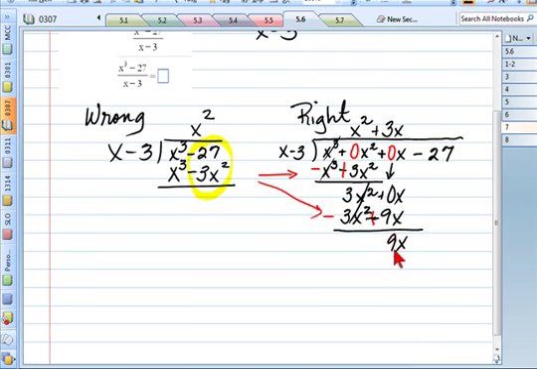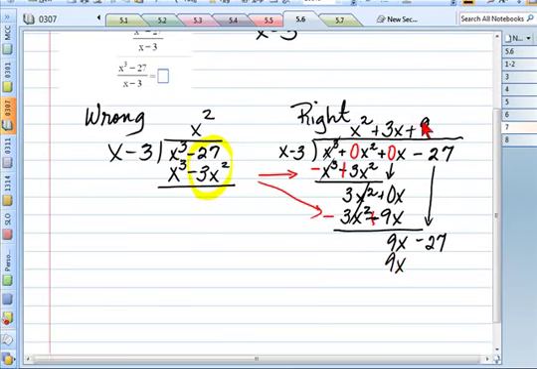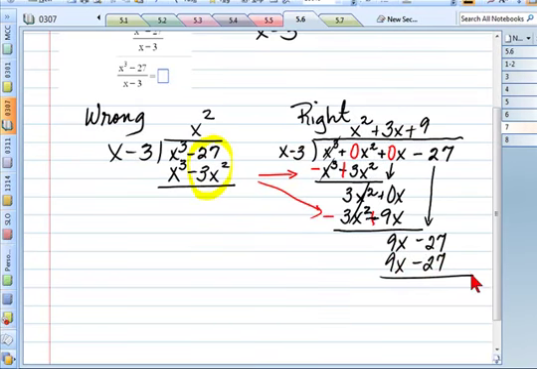I have 9x. And what's the last thing I do? Bring down that minus 27. Last one. What do you have to multiply x by to turn it into 9x? 9. So plus 9. 9 times x is 9x. 9 times negative 3 is negative 27. And I'm done. The remainder is 0.